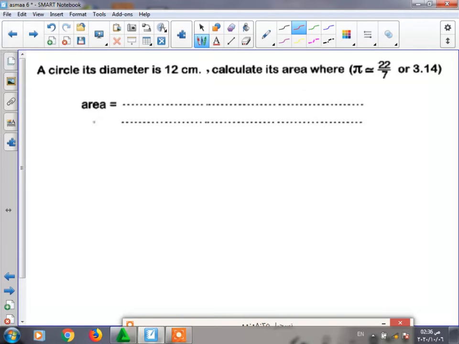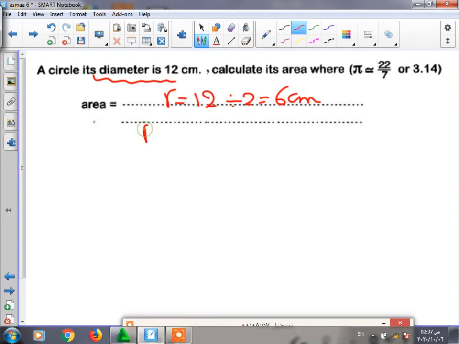No, we have the length of the diameter, and we don't deal with the length of the diameter. How can we find the radius? By making diameter divided by 2. So the radius will be the diameter length divided by 2. So the result will be 6 centimeters.